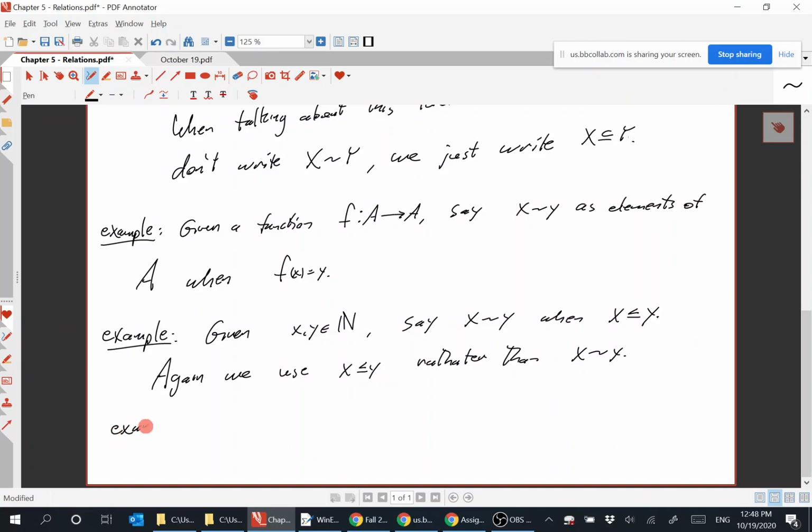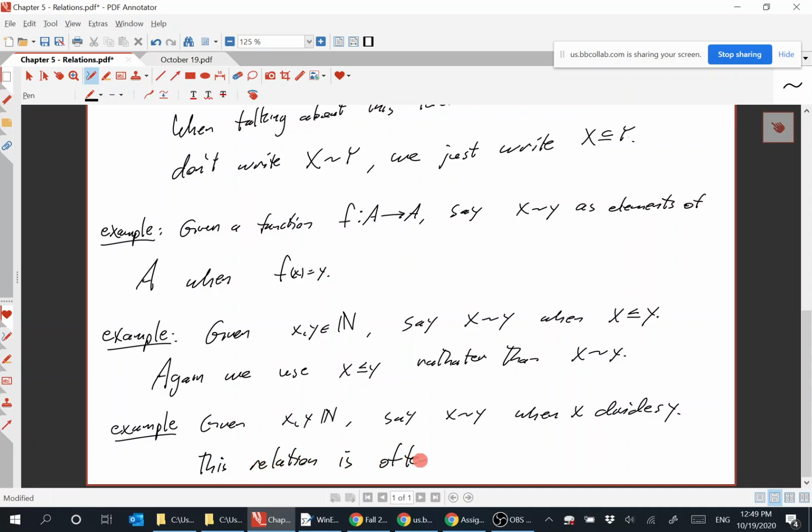But another relationship on the natural numbers: given x and y, say x is related to y when x divides y. So this relation is often written as follows. It uses that vertical line, kind of like the such that thing.